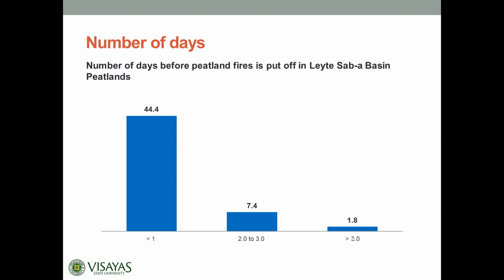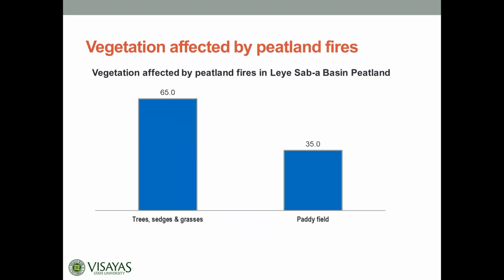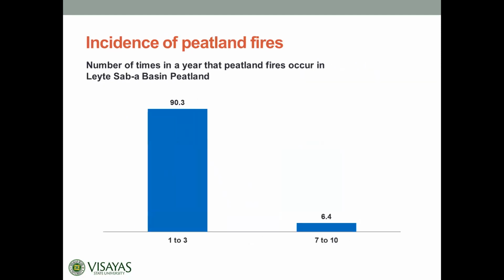So it would take a longer period. And then in terms of the vegetation that is affected by peatland fires, 65% of the respondents claim that the vegetation affected are trees, sedges, and grasses, and 35% of the 54 respondents said that even the rice fields are sometimes affected by peatland fires.